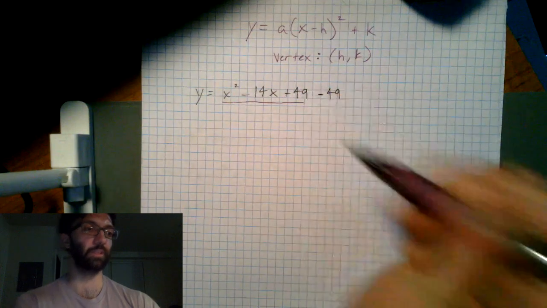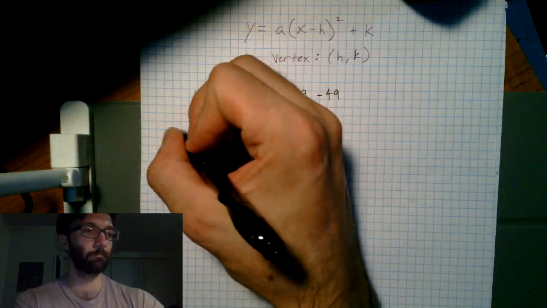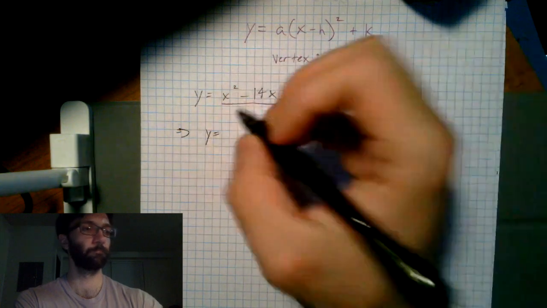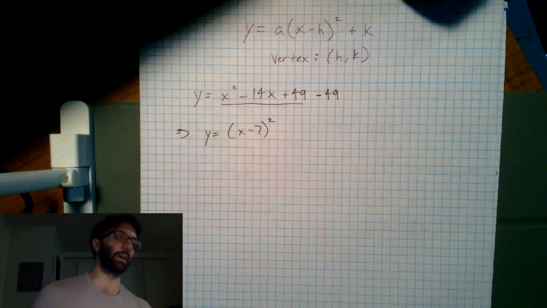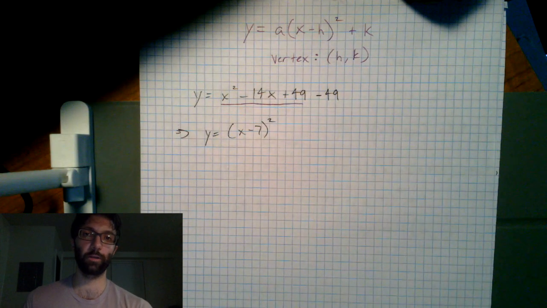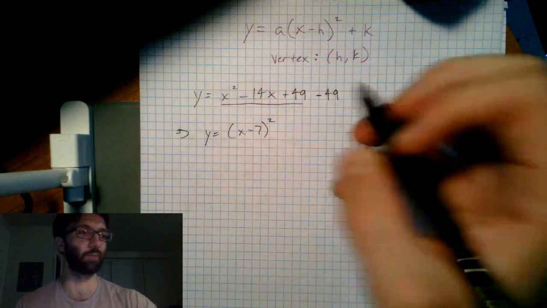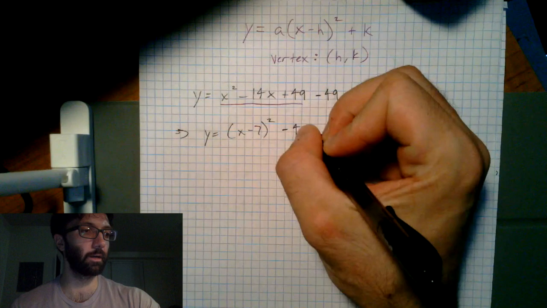And now this here is my perfect square trinomial that I can factor. And that factors to x minus 7, the quantity squared. And then I just have my minus 49 left out here.